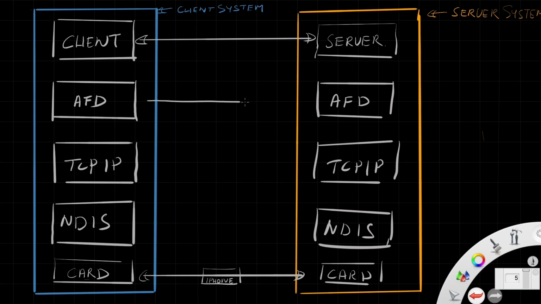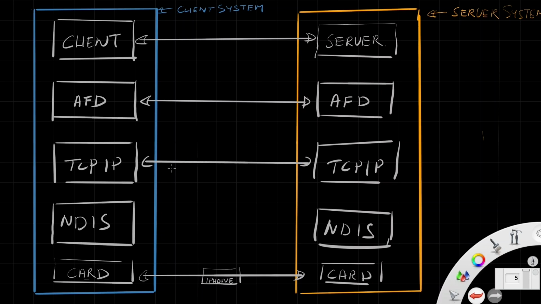Similarly, in the case of AFD, pretty much TCP/IP is handling similar traffic to AFD. For example, the SYN, SYN-ACK. AFD didn't get all those packets. TCP/IP swallowed it, which means that TCP/IP is abstracting all the details from AFD. So AFD is also talking to the AFD on the other side from a virtual perspective. Same with TCP/IP.